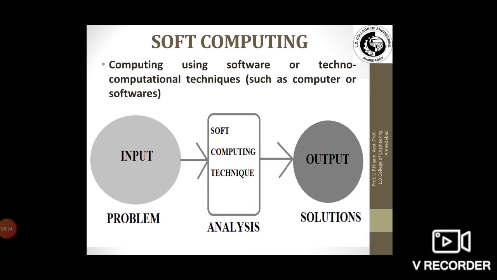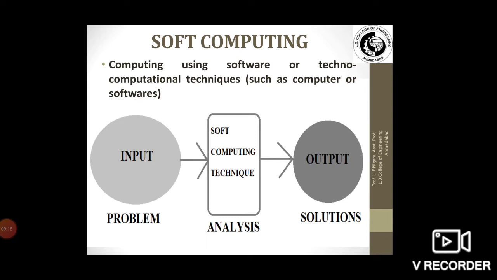The second most important thing is D, that is data. Whatever data you have, you must have that. And then comes F, facts and figures. So you must have IDF: information and intel, data, and facts and figures. These 3 things must be available with you whenever a problem is concerned. You will form one input using the data or the information, then analyze it using some soft computing technique, and then some solution or output will be given.